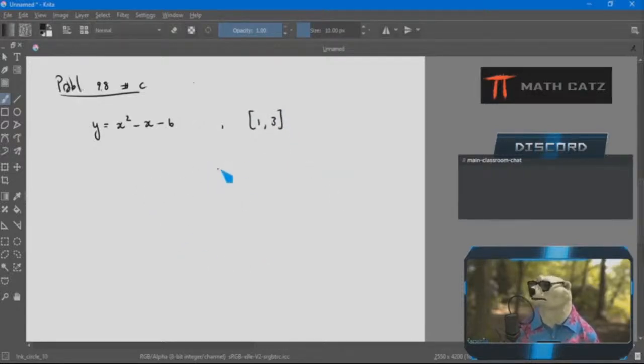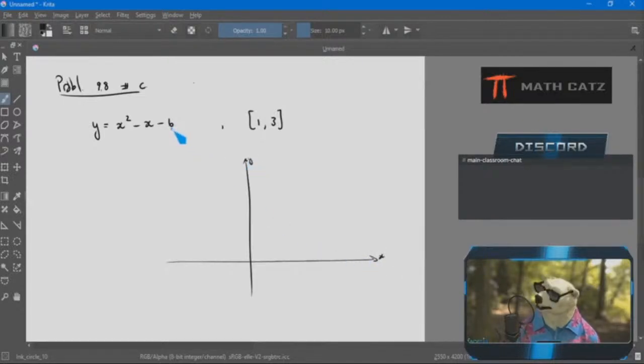Now I can visualize this if I want to, but I don't really care to put any effort into where this graph is sitting. But for the sake of visualizing something, we can have a quick idea here. Oh, I made this way too low, didn't I?